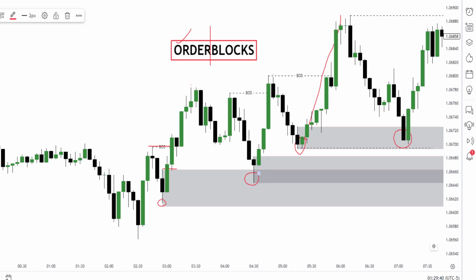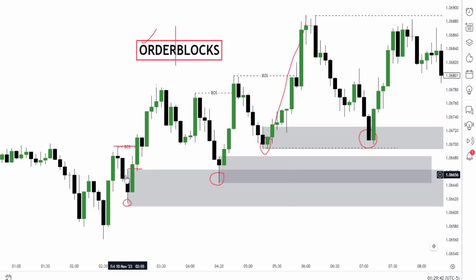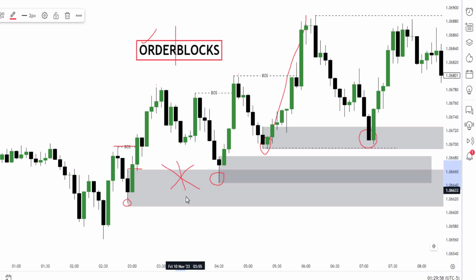Price is expected to touch it and move up again. If price creates another break of structure, it means that order block has been mitigated, which means the order has been filled.